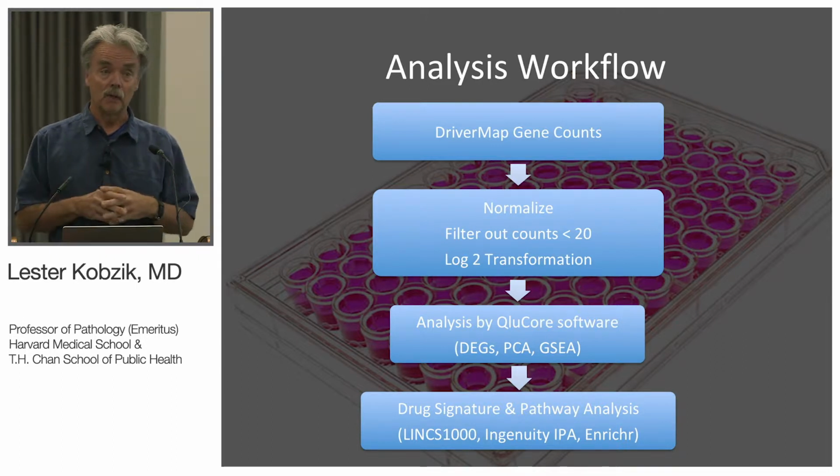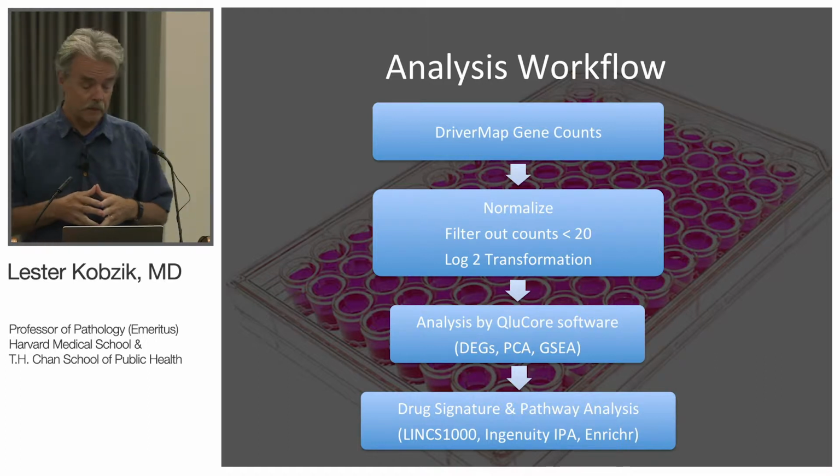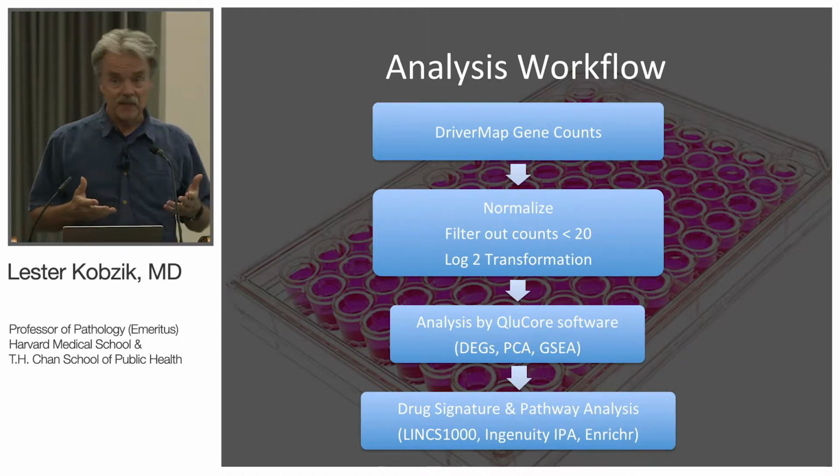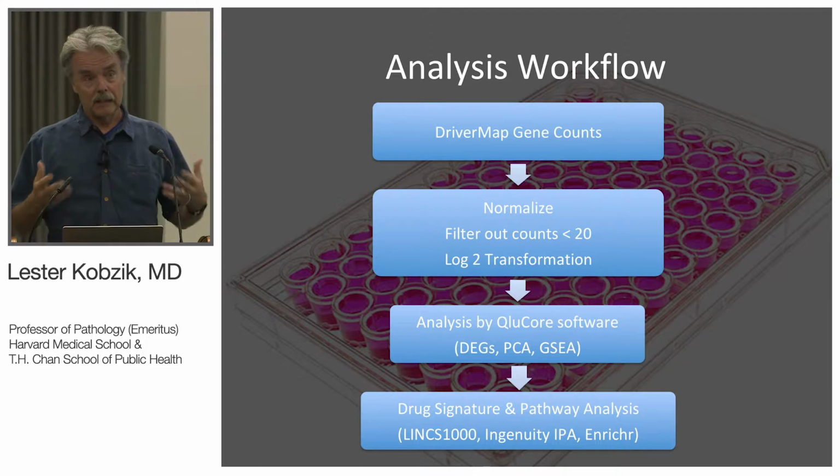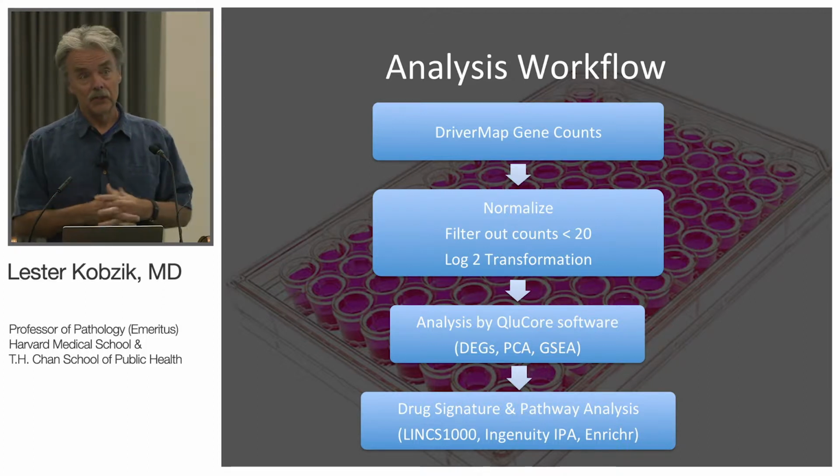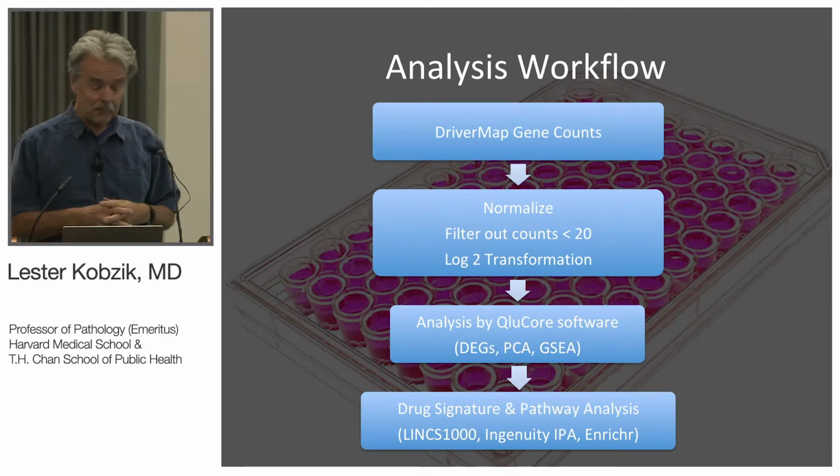I'll say a little bit more about it in a moment for those of you who aren't familiar with it. Commercial platforms like Ingenuity IPA to analyze mechanistic signals and pathways, and an open source pathway analysis tool developed by Avi Mayan at Mount Sinai called Enricher, which is terrific.